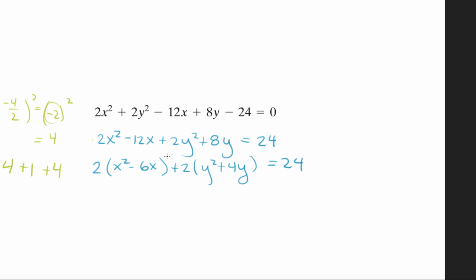Now I want you to factor the 2 out of the equation, completely outside. So you're left with, let me take out the parentheses now because we don't need them. It's going to be x squared minus 6x plus y squared plus 4y equals 24.